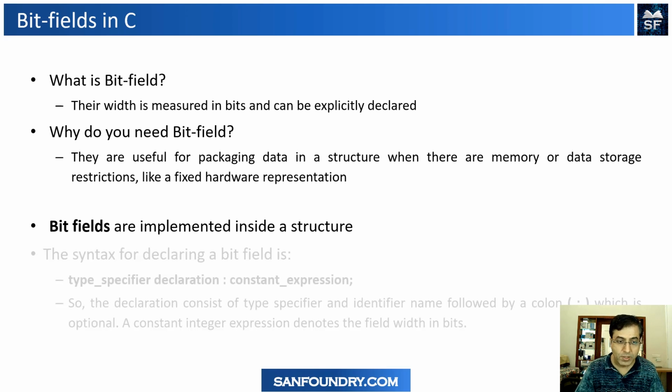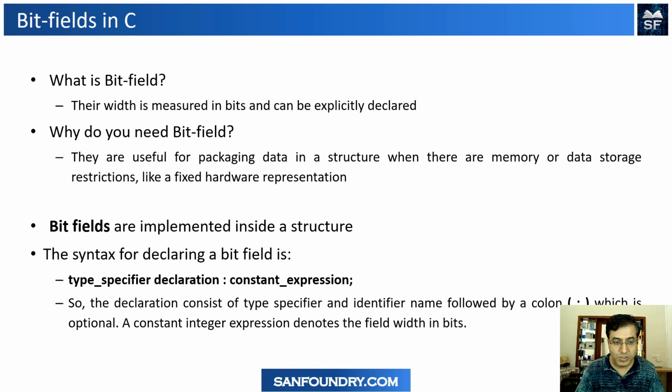When you talk about a bit field in a structure, as you can see here, we have a type specifier, so we have to specify whether it's an integer, character, those kinds of things. Then we have to declare a name for it, and then the width associated with the field that you are interested in. Width generally is governed by your hardware or protocol requirement.